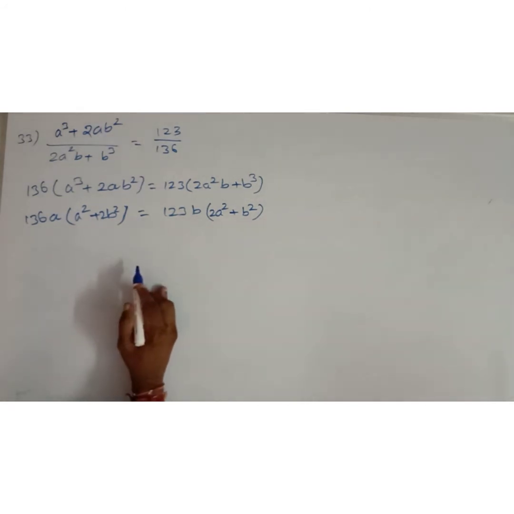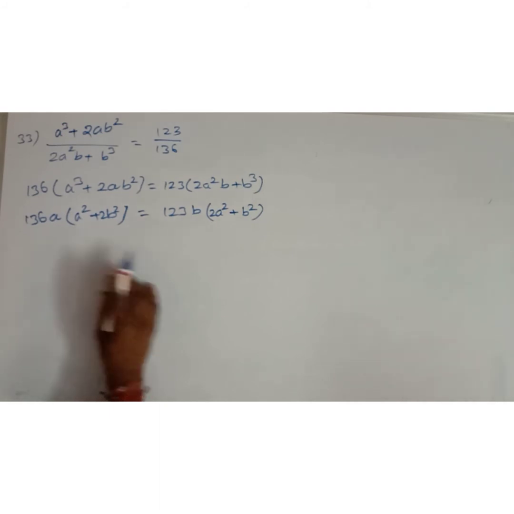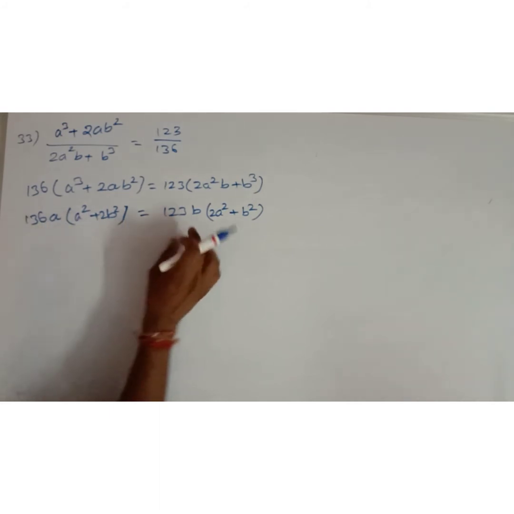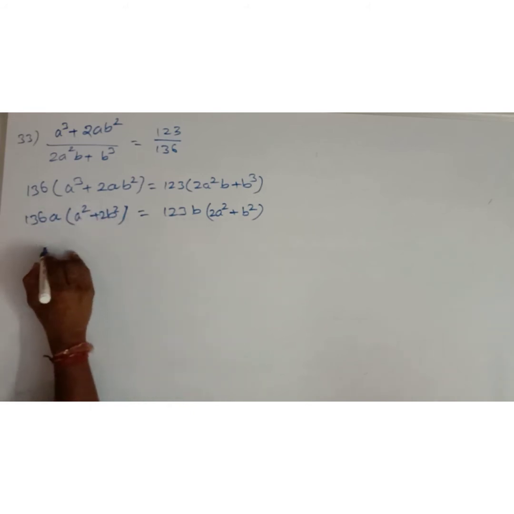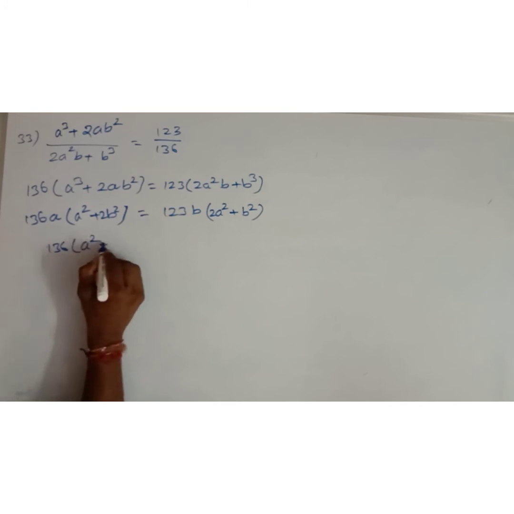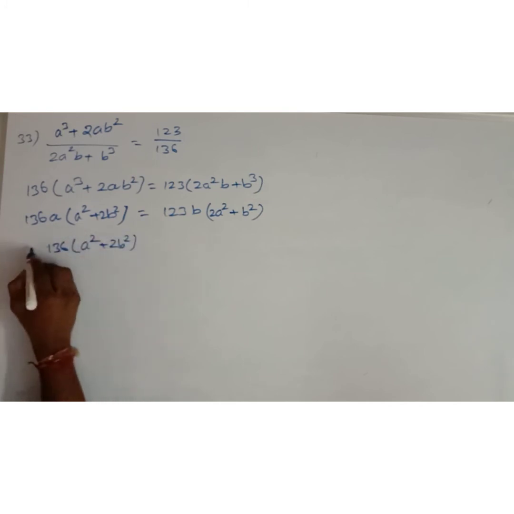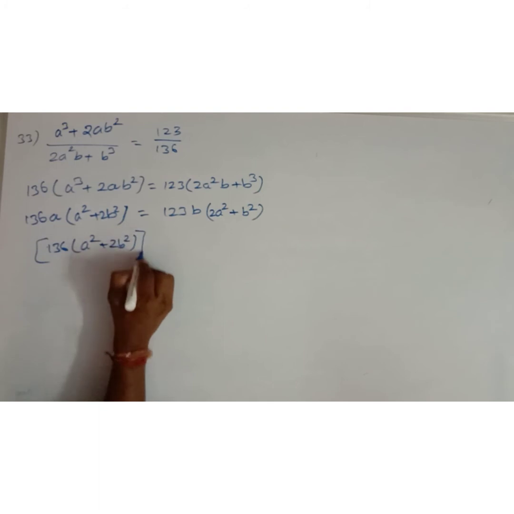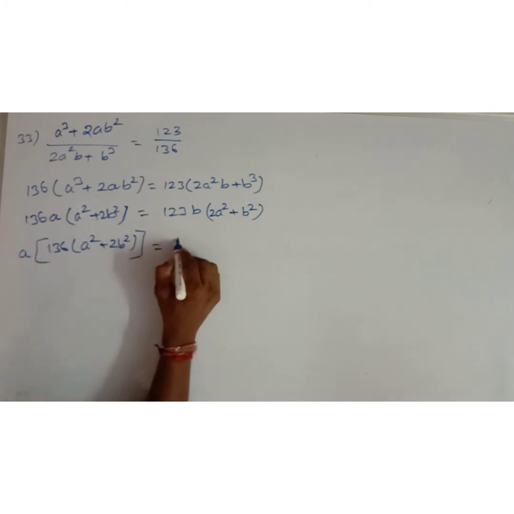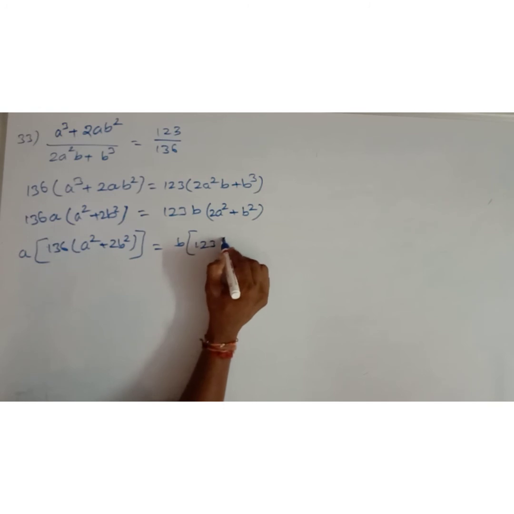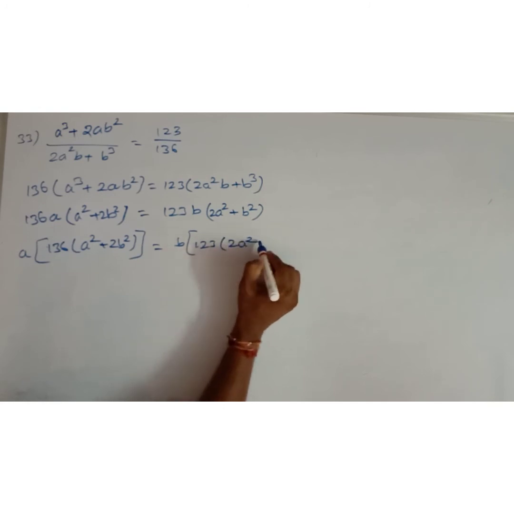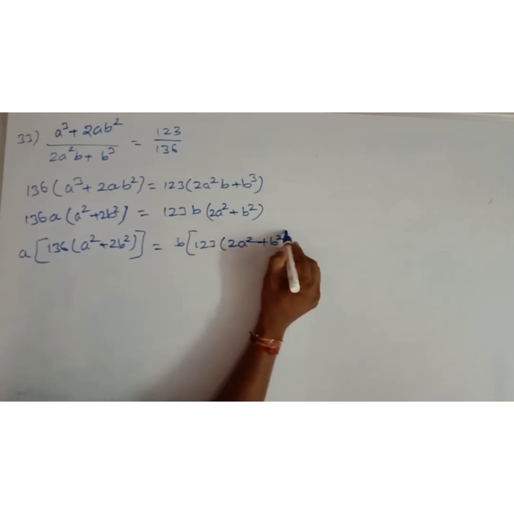Now I am taking this b value to the left side and the remaining values to the right side. That is 136 into a square plus 2b square, that is a, is equal to b into 123 into 2a square plus b square.